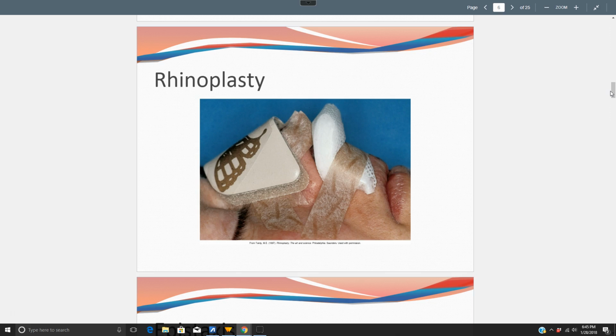There'll be packing in the nose to prevent bleeding. It also provides support, and that packing will be in both nostrils. Many times they'll put an antibiotic ointment with gauze, and you can see where the patient also has a drip pad under the nose to assess for any type of drainage, assess the color, and see what kind of drainage that is.